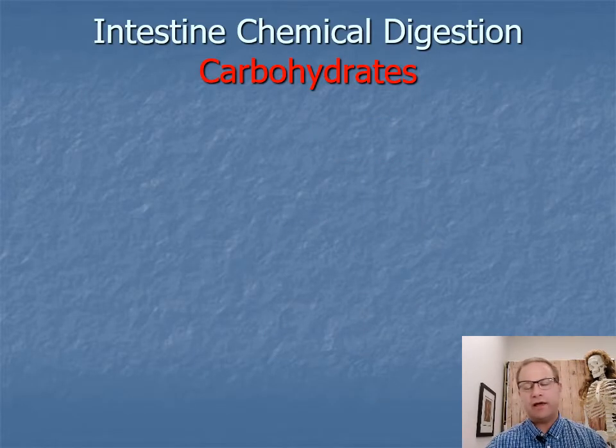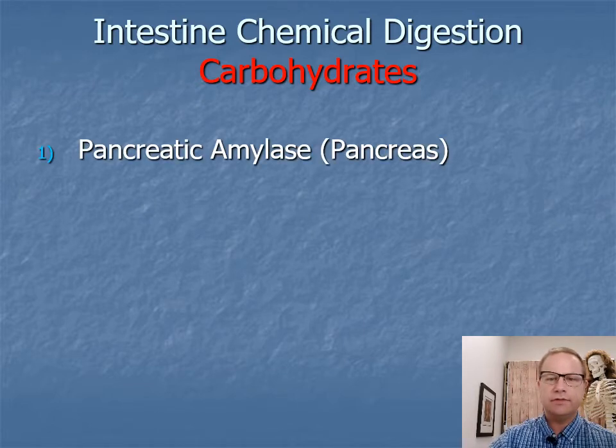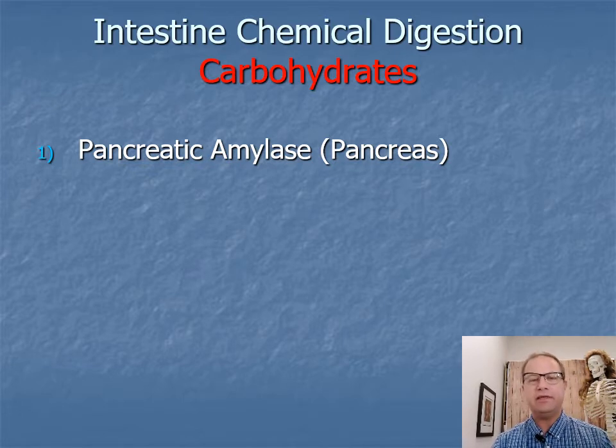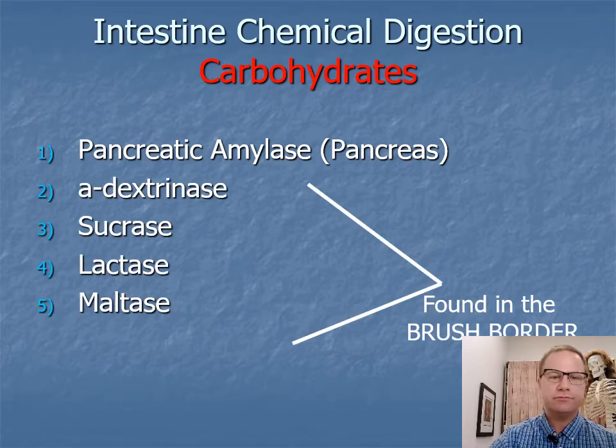All right, let's talk about chemical digestion of carbohydrates within the small intestine. First of all, the enzymes that are around either came from the pancreas or they came from the small intestine itself. All the enzymes that were working in the stomach are now inactivated because of the change in pH. So we have our pancreatic amylase.